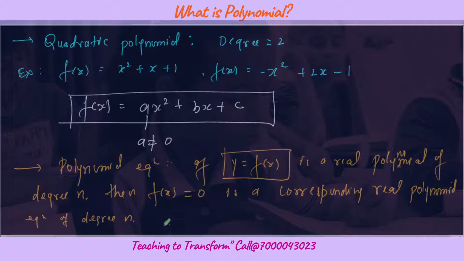For example, f of x is equal to x square minus 2x minus 8 is a quadratic polynomial, then you can write x square minus 2x minus 8 is equal to 0 is the corresponding quadratic equation.